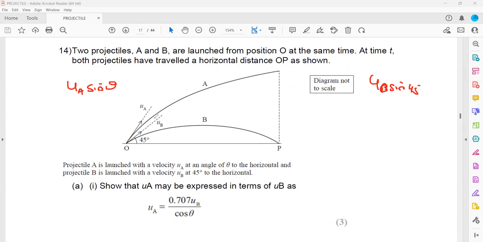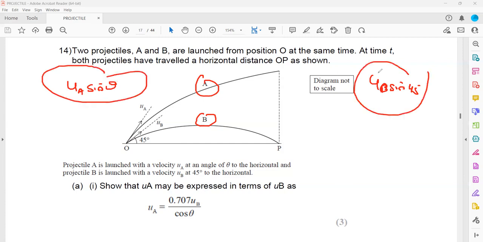You can clearly find that A is rising to a greater height than B. So A has a higher vertical component than B: UA sine theta will be more than UB sine 45.